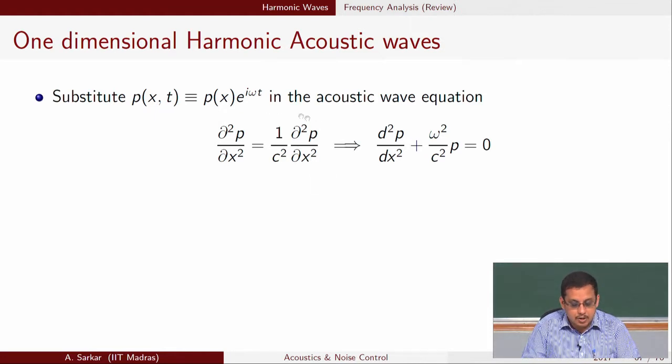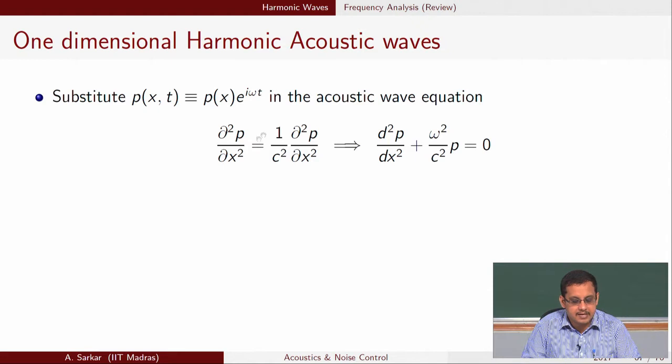Okay. So, that is the acoustic wave equation, and with the harmonic assumption, as we said in the last slide, we are going to replace this function p(x,t) with p(x) e to the power i omega t, and when you make that replacement, del 2 p del t2 will be minus omega square p, and you bring that on the other side and you get this form.